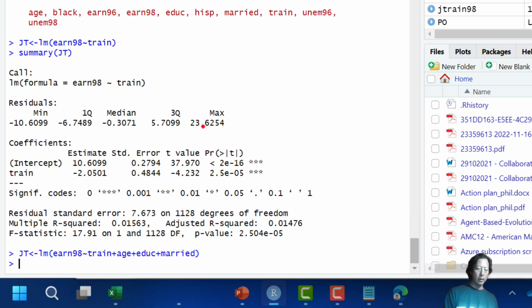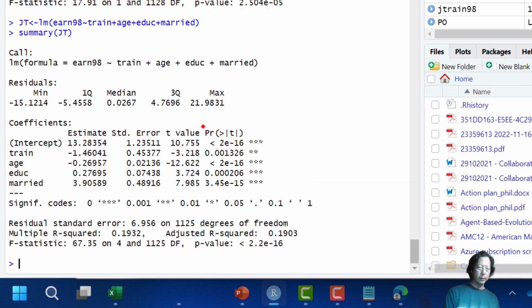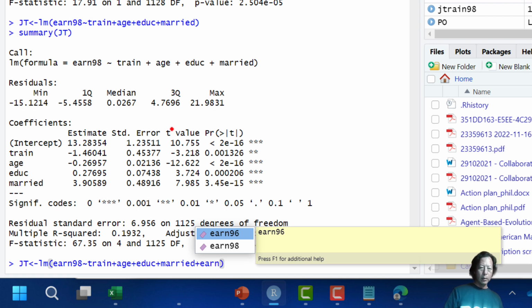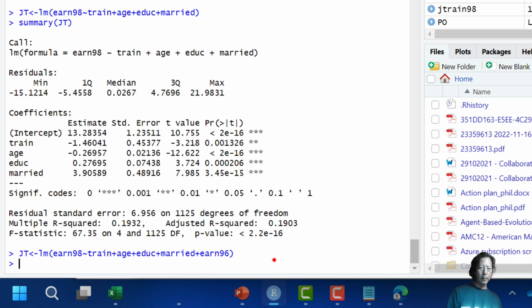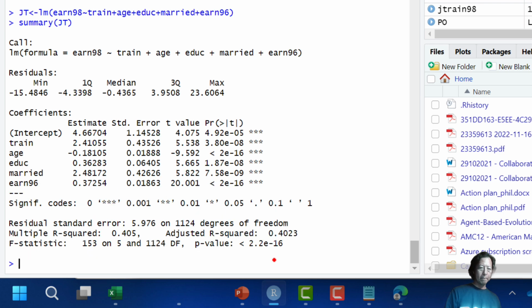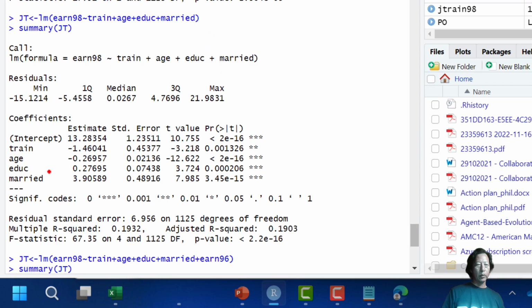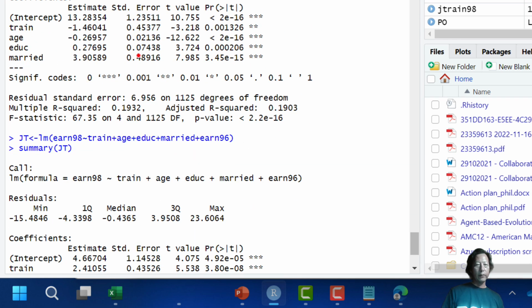Then if you do the regression, what you can see is this is still negative. I can add earn 96. Yeah, so it depends. If I do age, education, married, it is still negative.